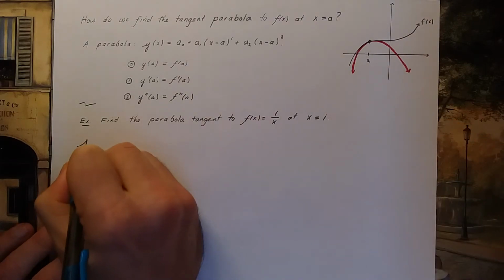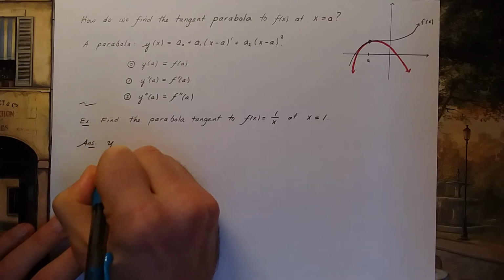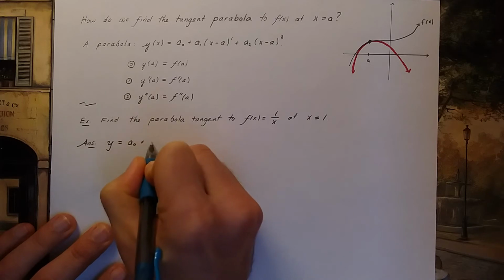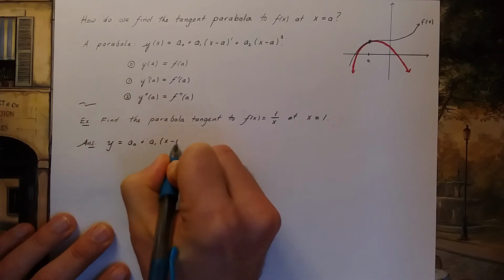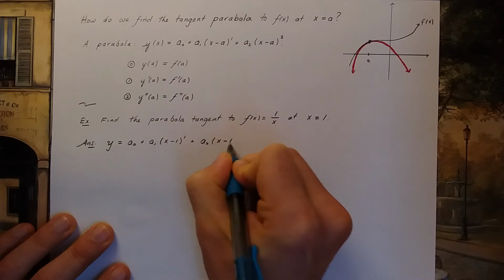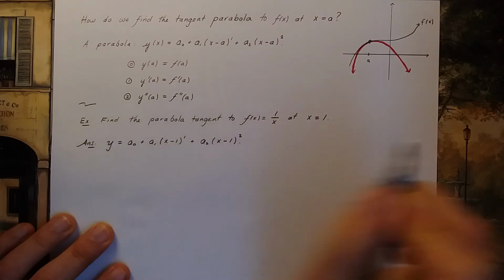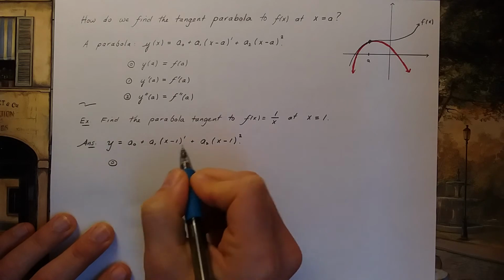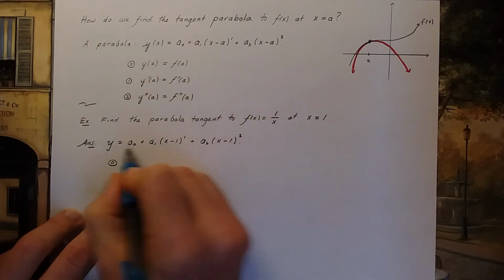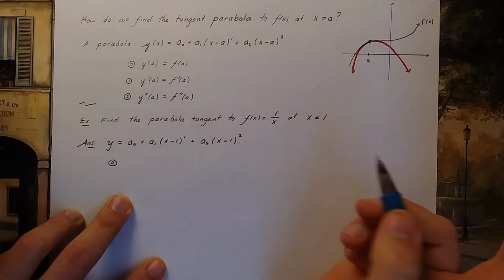So here's my answer. My parabola looks like a0 plus a1 times (x minus 1) to the first plus a2 times (x minus 1) squared. Now, condition 0 says if I plug in 1 to both the parabola and the function, I should get the same value.